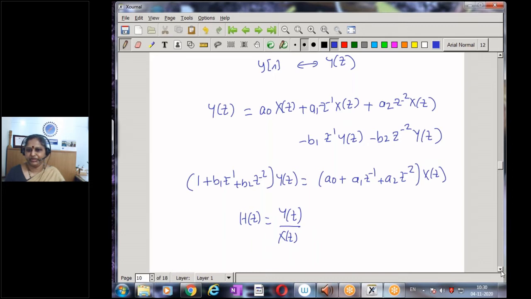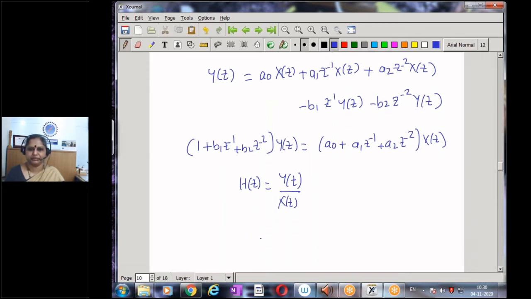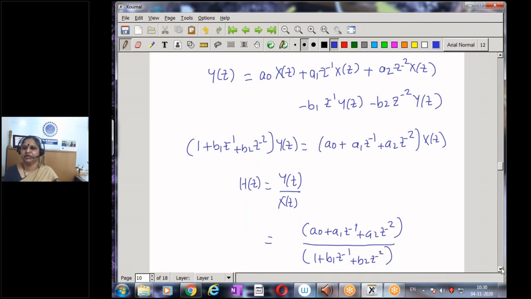Hence, in this example of a second order system, we have H of z equal to a0 plus a1 z inverse plus a2 z to the power minus 2, divided by 1 plus b1 z to the power minus 1 plus b2 z to the power minus 2.